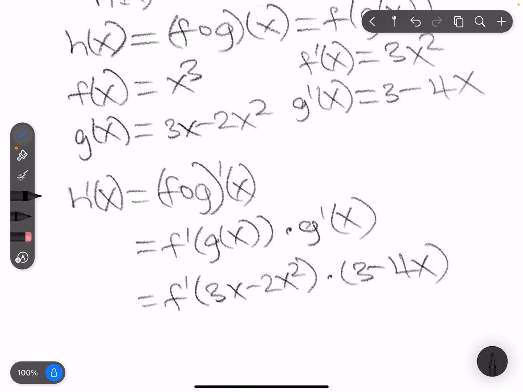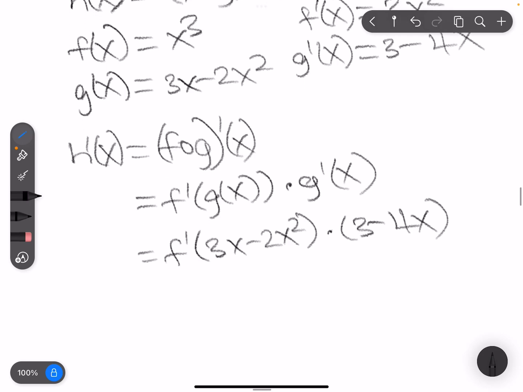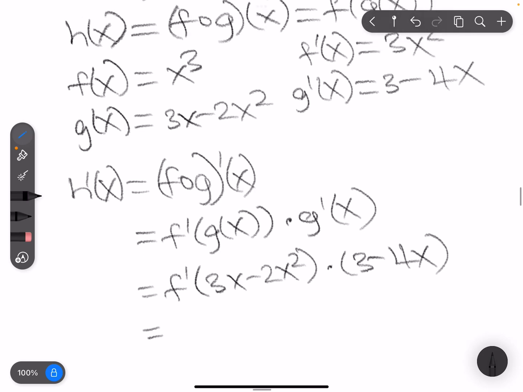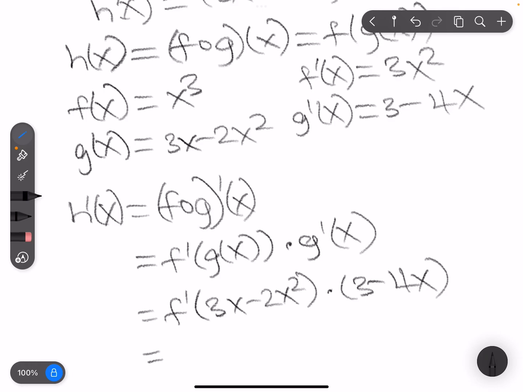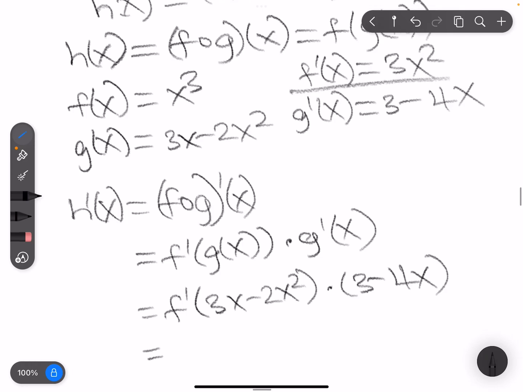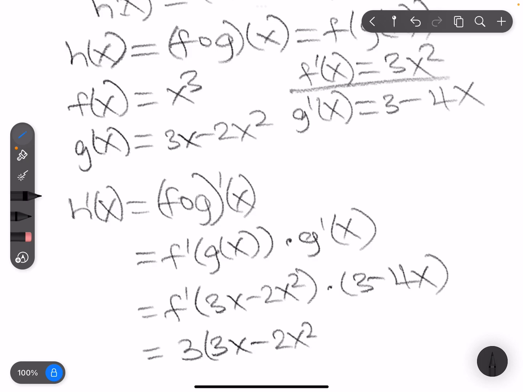Very lovely. And f prime of x is 3x squared, so this is going to be 3 times 3x minus 2x squared, times 3 minus 4x. And that is the derivative.